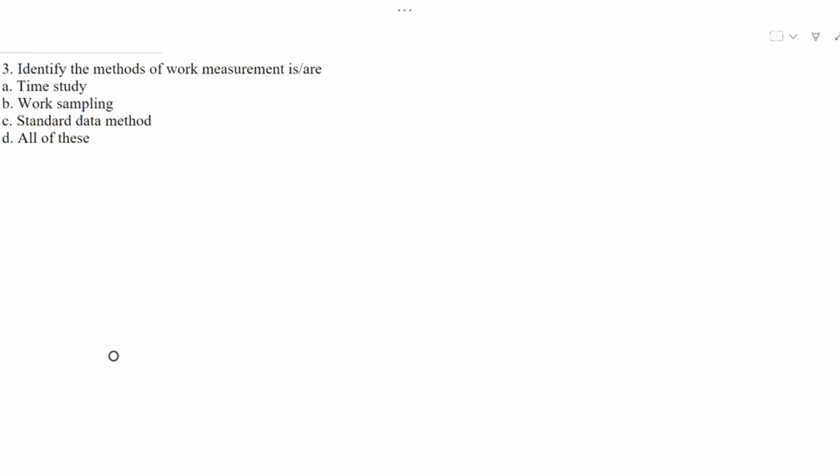Identify the methods of work measurement. Which of these are the work measurement methods? Last time we discussed clearly the different methods of work measurement, which are method study and time study. I will show you that slide again so that there won't be any further confusion.